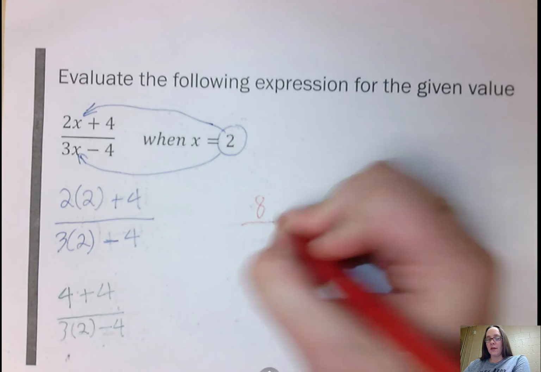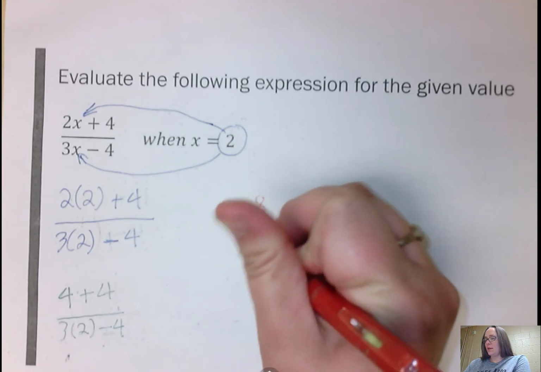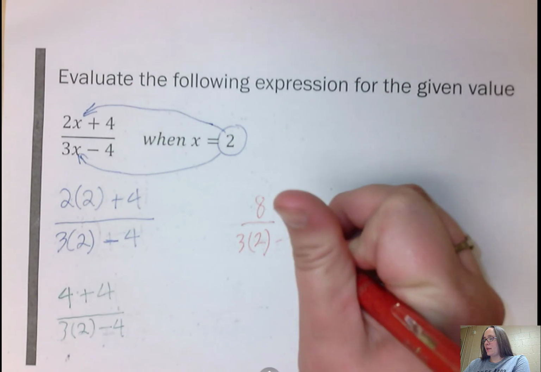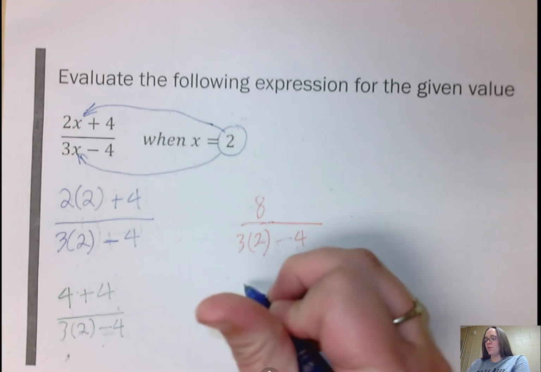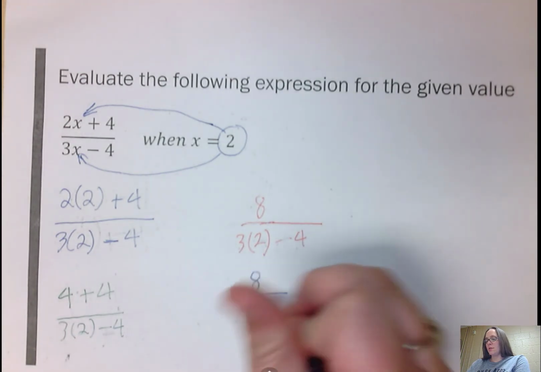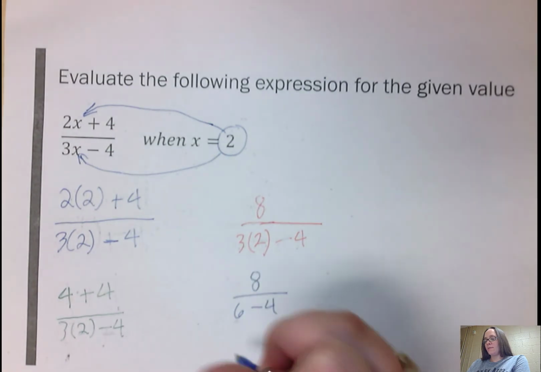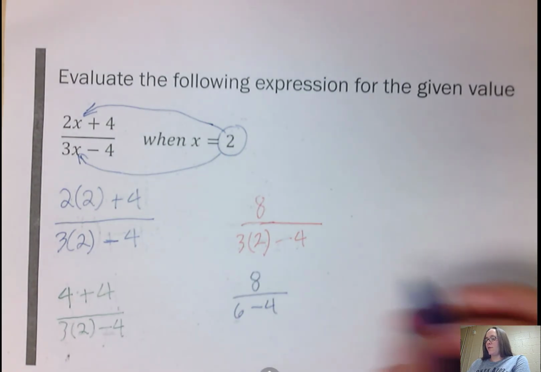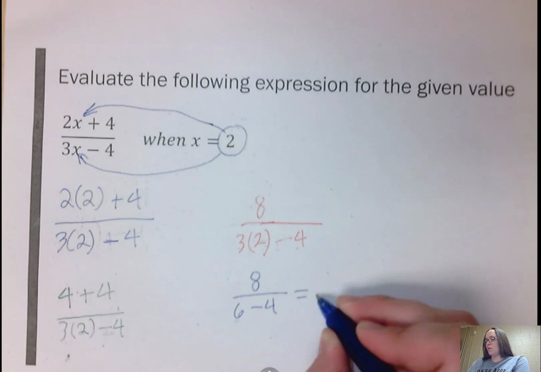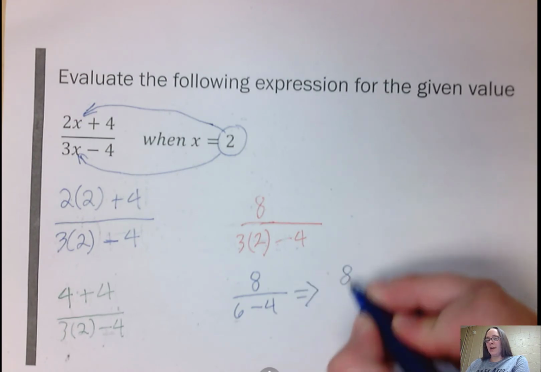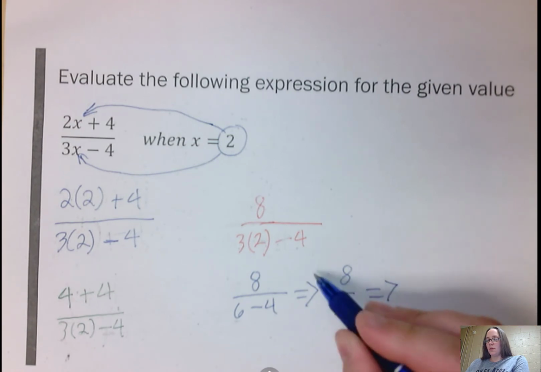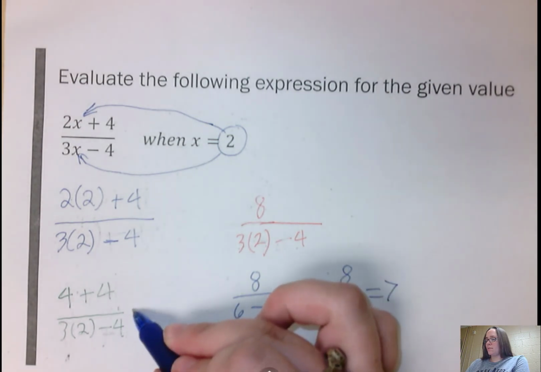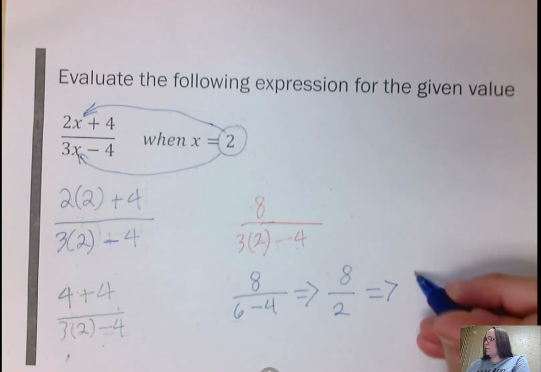I still have this 3 times 2 minus 4 in the denominator. I'm going to work out my denominator now. 3 times 2, which is 6, minus 4. 6 minus 4, which is 2. So I have 8 divided by 2. 8 divided by 2, which is 4.